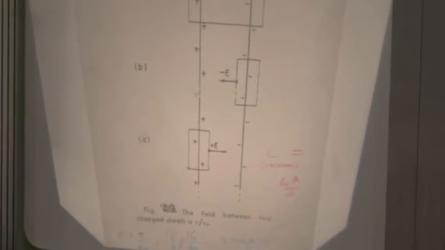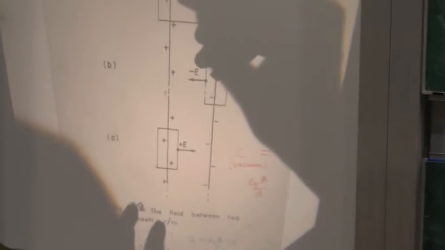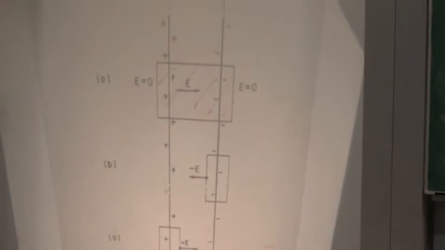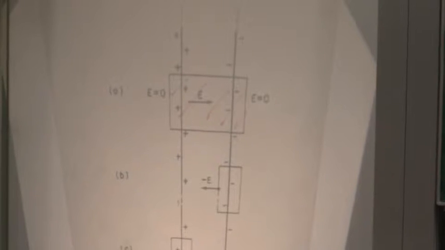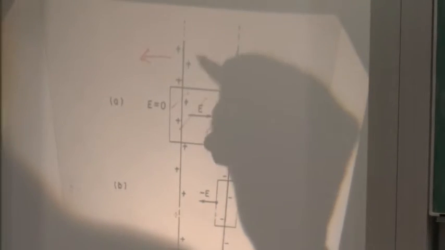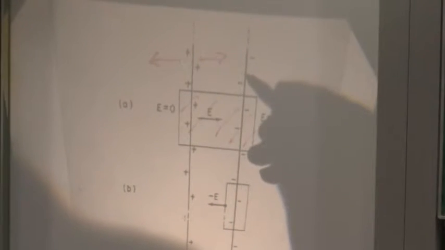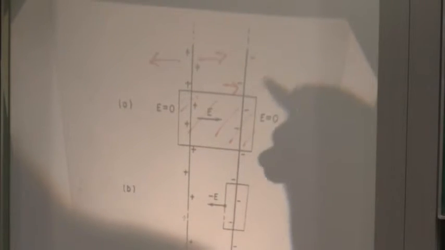By second year, hopefully you can work these things through very quickly. Clearly, if you've got two charge sheets, any Gaussian box that includes both sheets has no net charge inside it, so it produces zero field. Alternatively, think of this as the source and this as the sink, with all the field lines ending up that way.